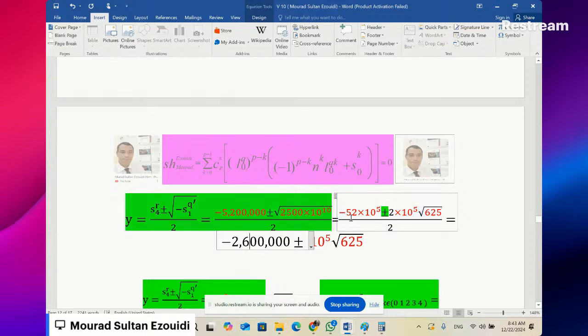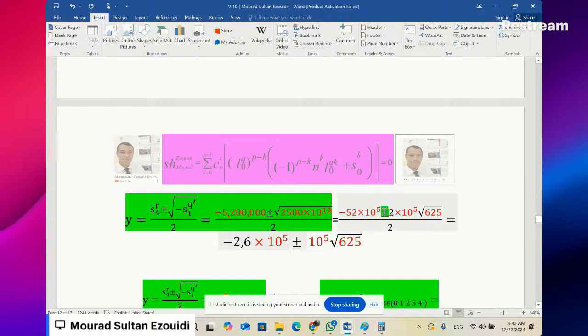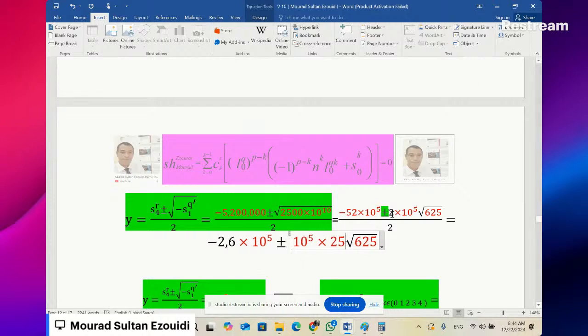So 52 divided by 2 gives 26, multiplied by 10 raised to the power 5, plus negative, because it is minus 10 multiplied by 625 raised to the power half. I will insert the multiplication. I will make 25, simply because the root of 625 is 25.